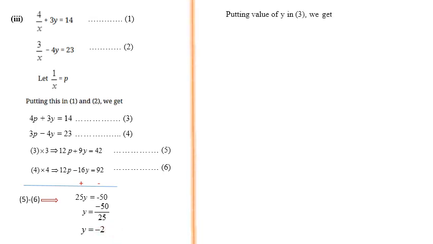Go for substituting to get the value of p. So here I am going to substitute in equation number 3. 4p plus 3 into y. The value of y we have got here is minus 2. Just substitute it. 4p plus 3 into minus 2 equal to 14.